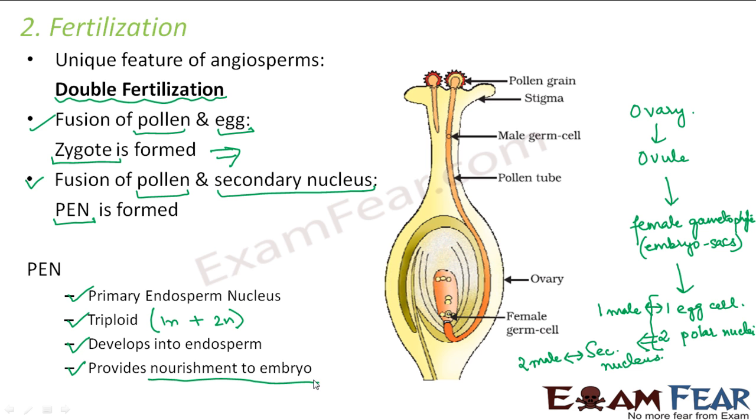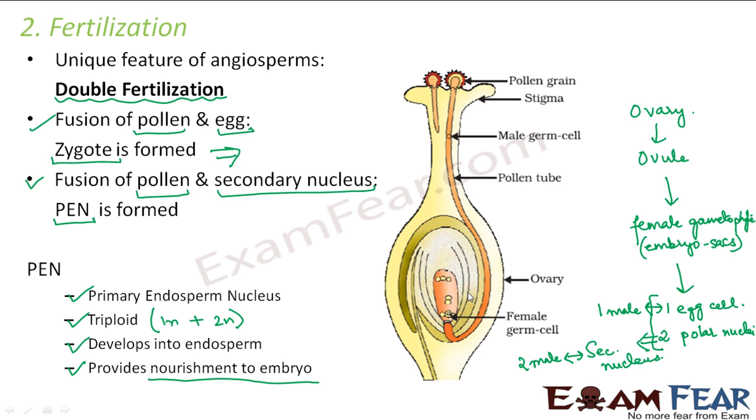In angiosperms, what will happen? By the process of pollination, pollen grains will reach the stigma. Then the pollen grain will form a pollen tube through the style, and then they will try to reach the ovary. Now there are two male gametes. Inside the ovary, there is one egg cell and two polar nuclei. The two polar nuclei will fuse together to form a diploid secondary nucleus.